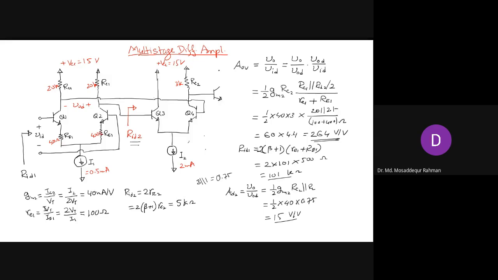A buffer is nothing but a common collector configuration. This is VCC. We need to put a biasing current here to bias the transistor. Let's call it I3. Then we connect the load here and take the output from here. That is our Q5.